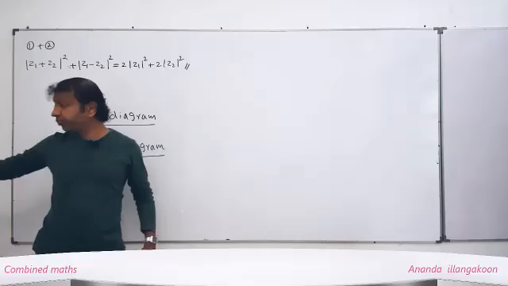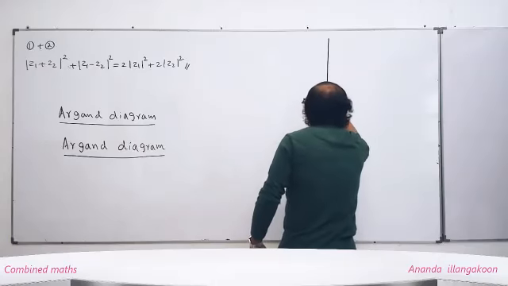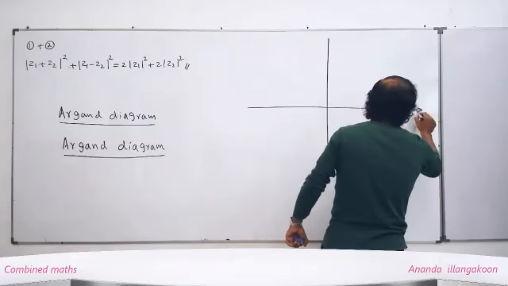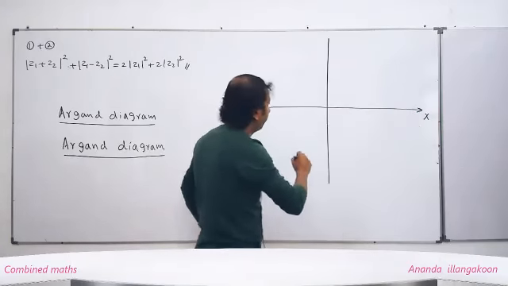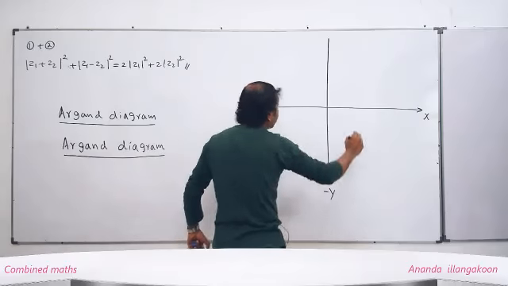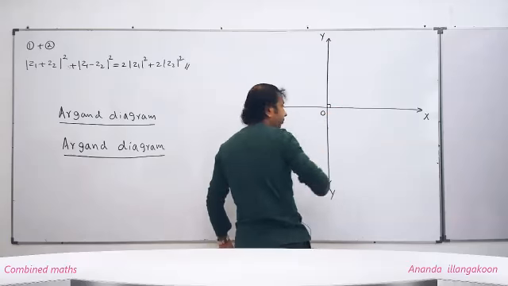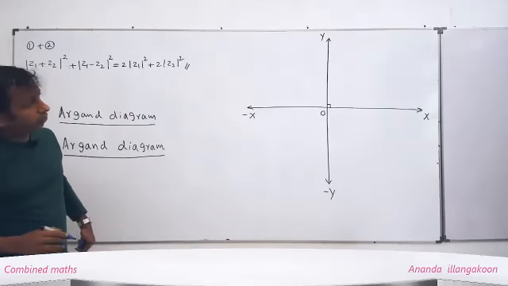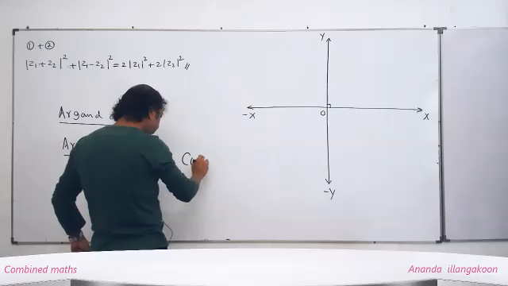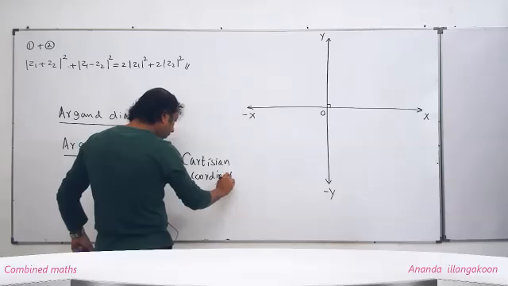The Cartesian coordinate plane means when we draw the 2 axes this way, this is the positive x-axis, negative x-axis, negative y-axis, positive y-axis. This is the origin. When we draw on a plane like this 2 axes, people, this is called the Cartesian coordinate plane.